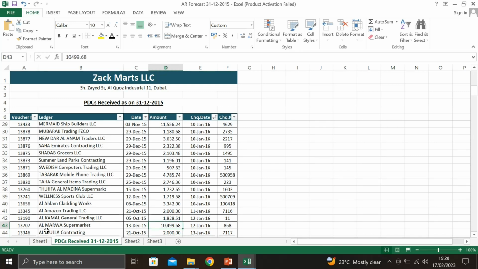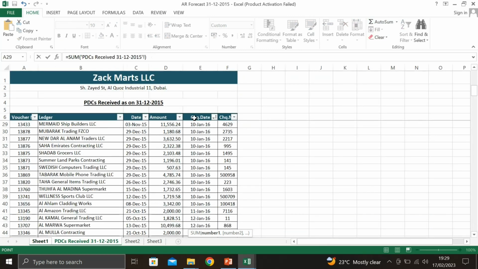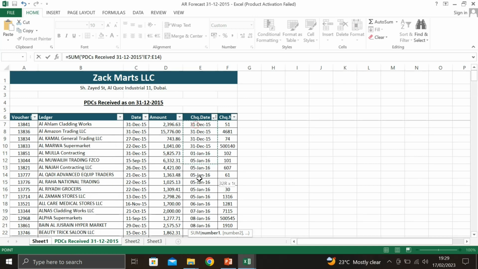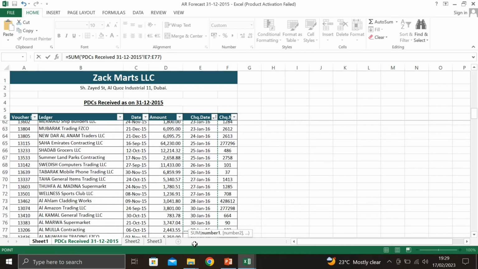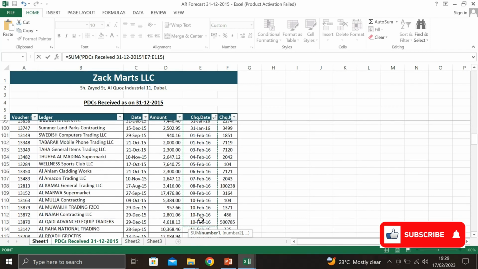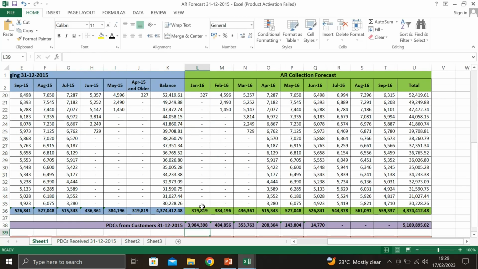So in this sheet for the AR forecast, we will come here and see how much we will receive from the customers in Jan. We will just total from here till the end of Jan. So this is February start, this is the last check for Jan we have from our customer. Till here when we total, it will be not like this, there is some mistake, let us check it again.